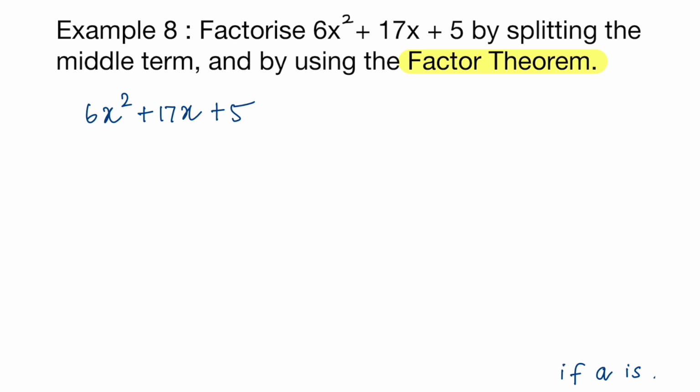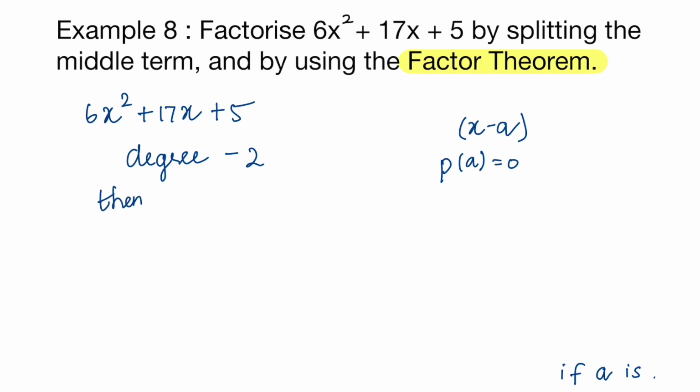Now what you are going to do is, using the factor theorem, you can tell that if x minus a is a factor, then P of A is equal to 0, right? And here we know the polynomial given in this question has a degree 2. If a polynomial has degree 2, then it has 2 zeros.